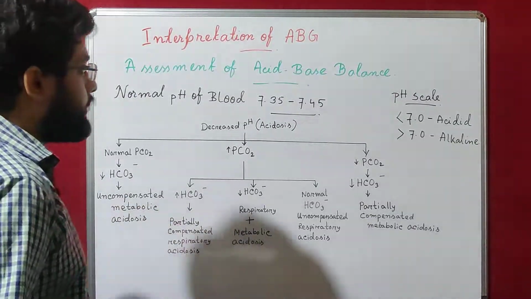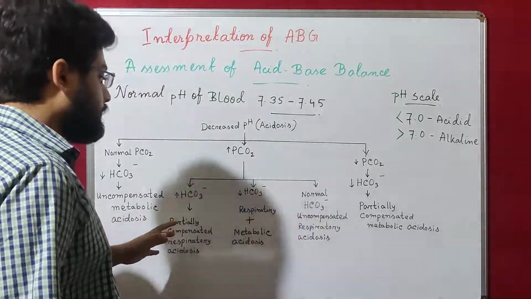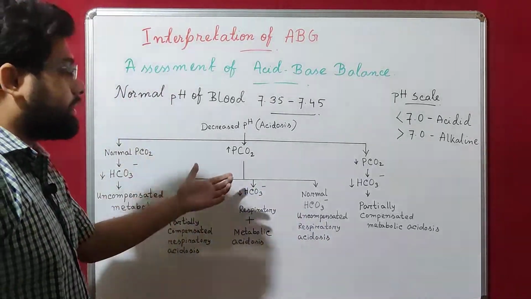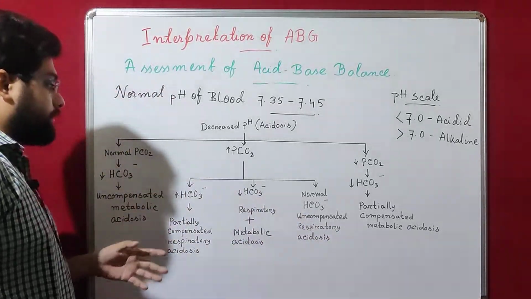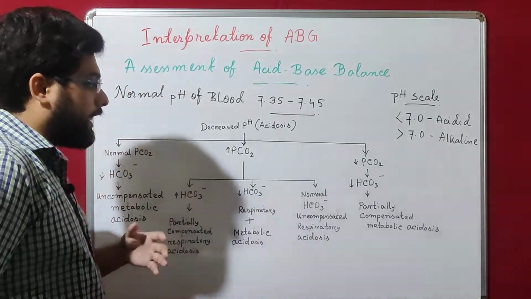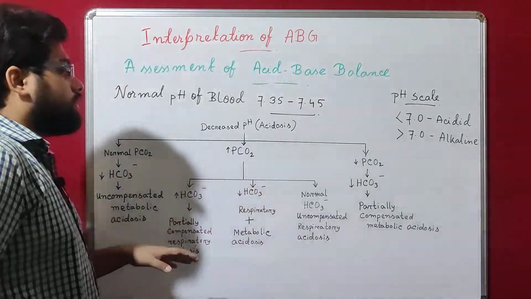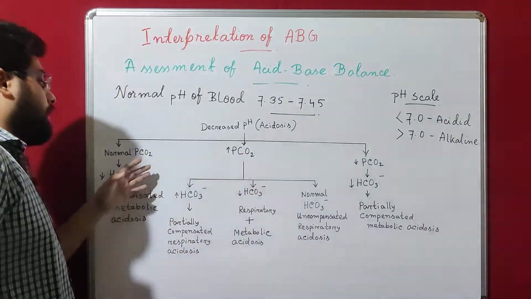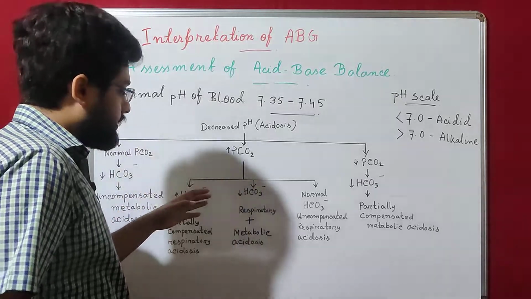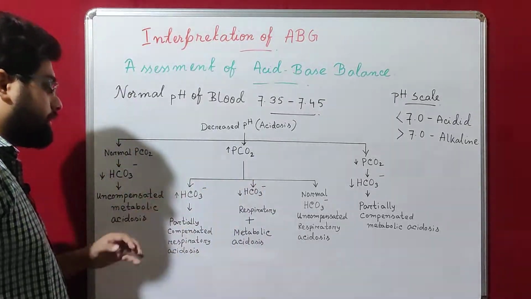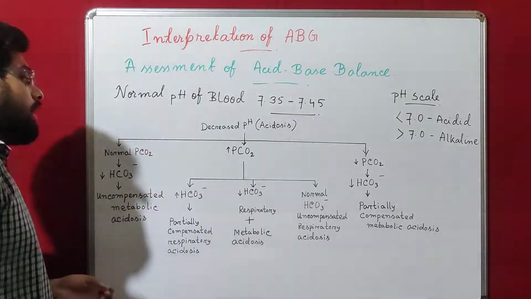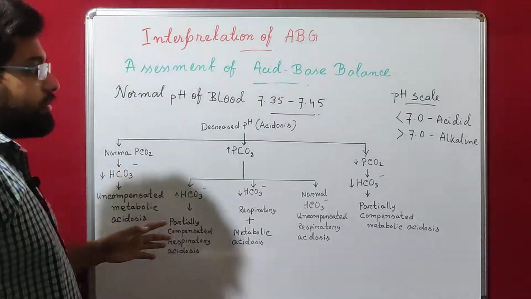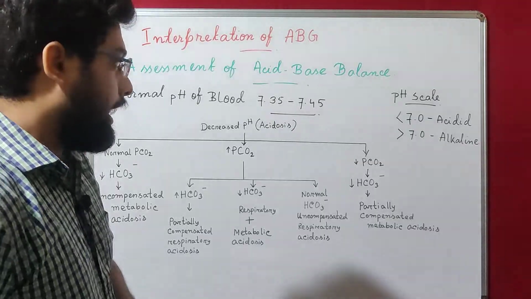But when the acidosis or alkalosis is due to the fluctuation of the concentration of bicarbonate ion, HCO3 minus, in blood, we call it metabolic acidosis or metabolic alkalosis.